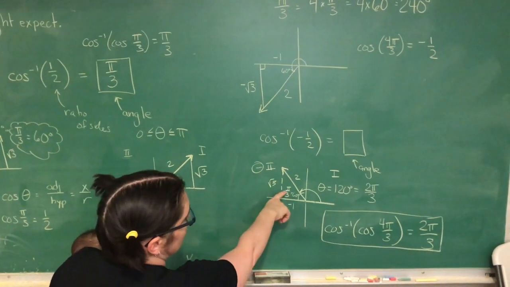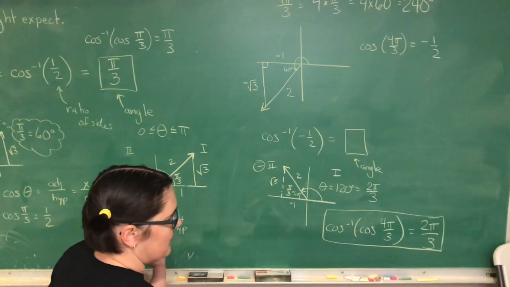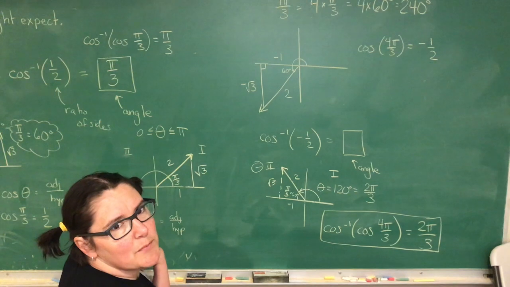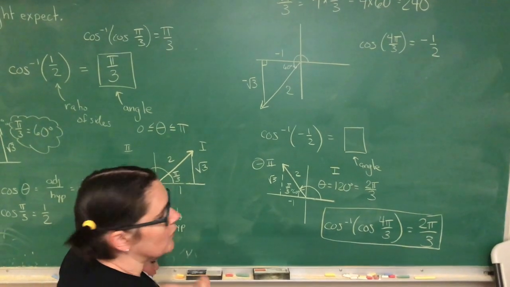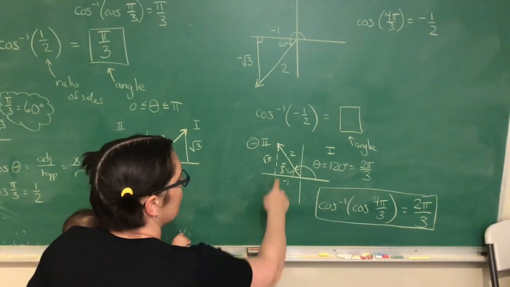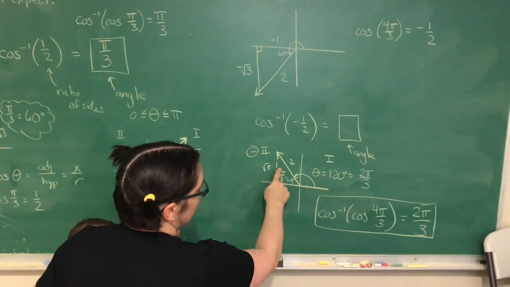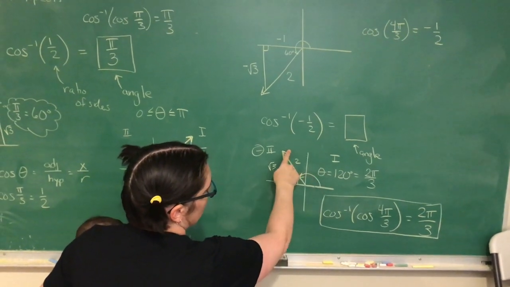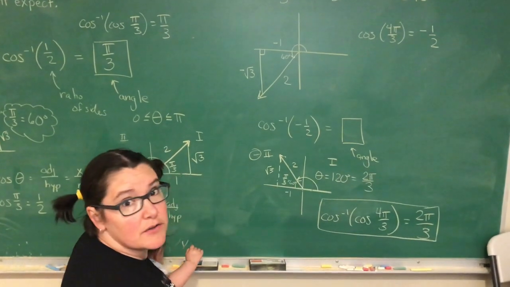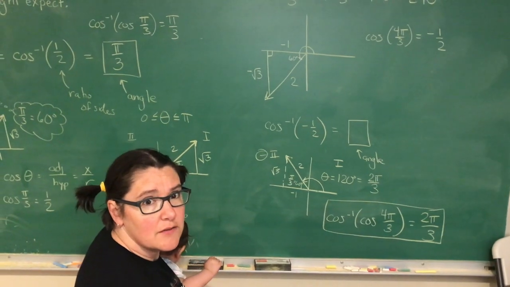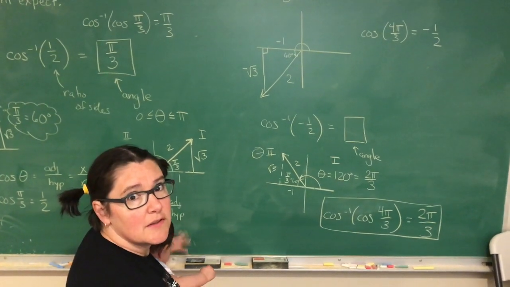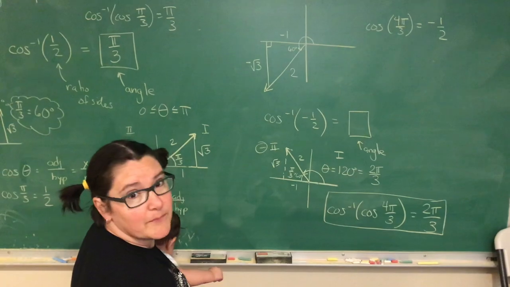But what you'll notice is that cosine of 2 pi over 3 and cosine of 4 pi over 3 gave you the same answer. But what we need as our final answer is an angle that lives in either quadrant 1 or quadrant 2, an angle that's part of the range of our inverse cosine function. Okay, thanks.